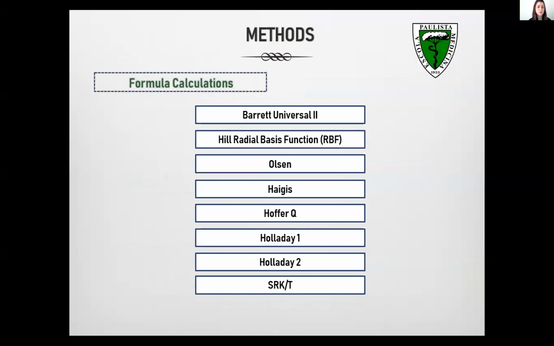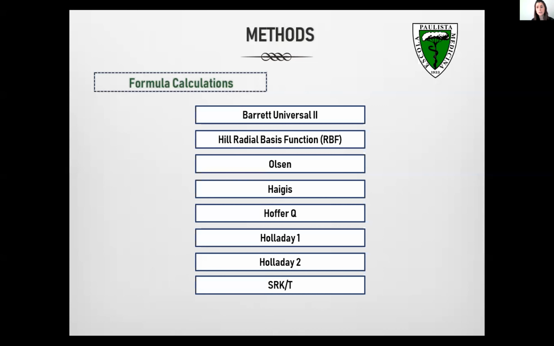The spherical equivalent formula predictions and lens constant optimizations were performed with Barrett Universal 2, Hill-RBF, Olsen, Haigis, Hoffer Q, Holladay 2, and SRK/T. The Hill-RBF method has an outlier detection feature that excludes certain patients, and in this study more than 800 patients would be out of bounds.